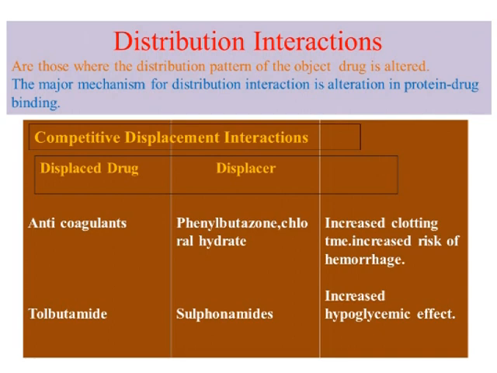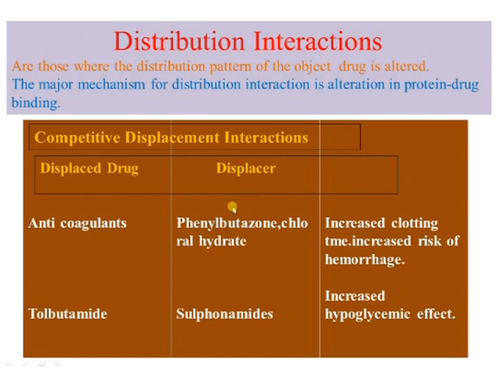The drugs with more affinity, with more protein binding, displace the less protein bound drugs, and once a drug is free, that is, not protein bound, it is active and can give rise to effects. If the free drug rises more than what is required, then toxic effects of these drugs can come about.